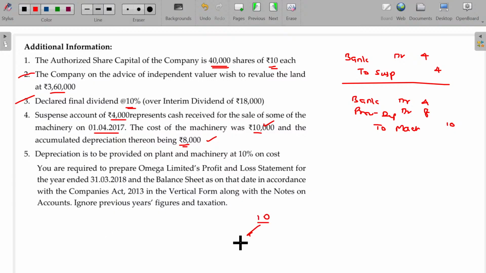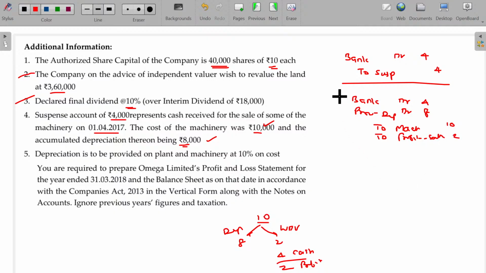Accumulated depreciation on that is 8,000 rupees. 2,000 is nothing but the written down value. Sold for rupees 4,000. So you sold this asset for more than its WDV by 2,000 rupees. That 2,000 is nothing but profit on sale. Is that okay? So, to profit on sale, 2,000 rupees.